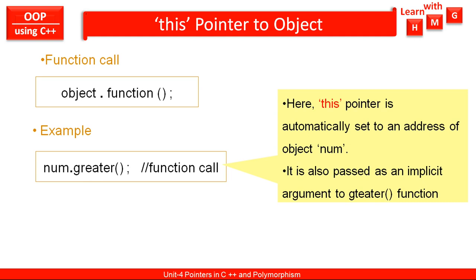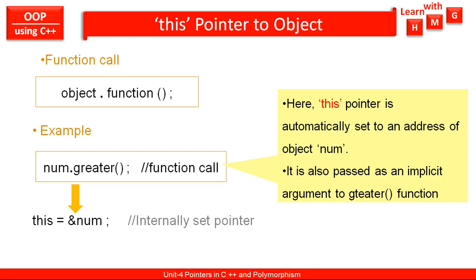It is also passed as an implicit argument to the greater function. So after initialization, this pointer is passed as an implicit argument to the greater function. So the operation will be performed internally like this: this is equal to ampersand num.